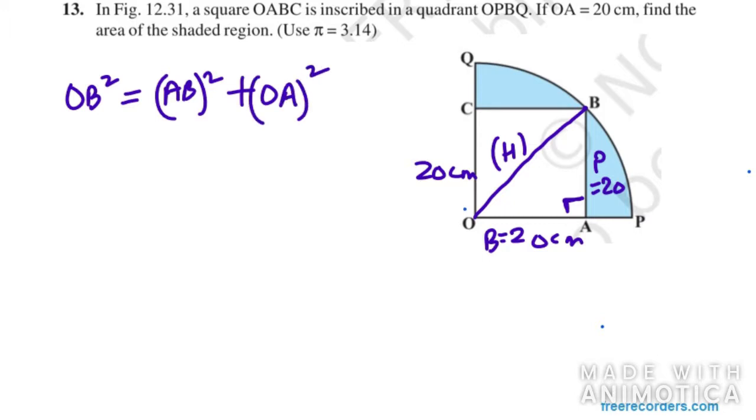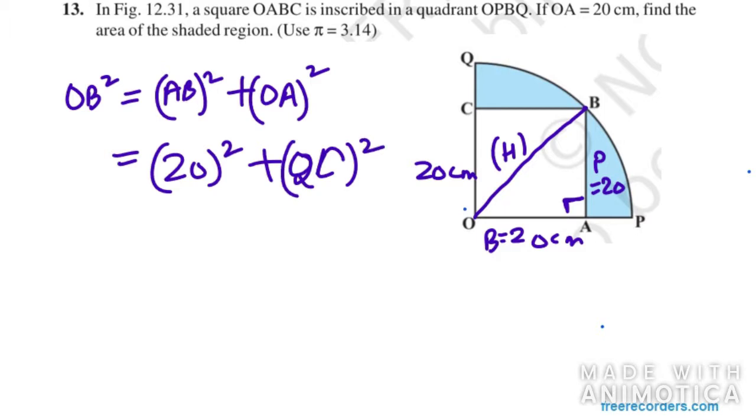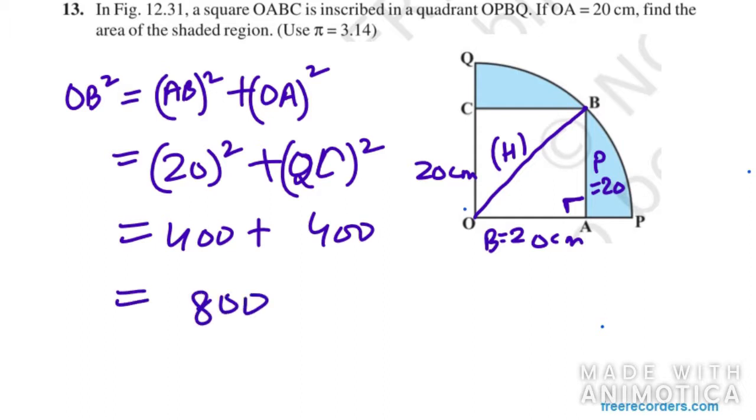So OB square equal to AB square, AB is 20, OA is 20. So 400 plus 400 equal to 800. So OB will be equal to under root 800.